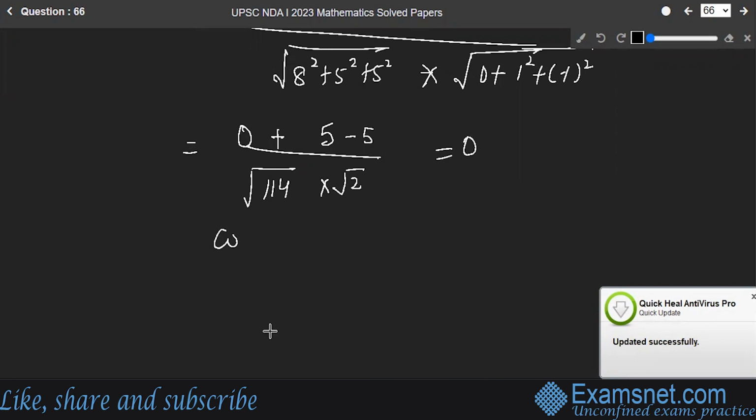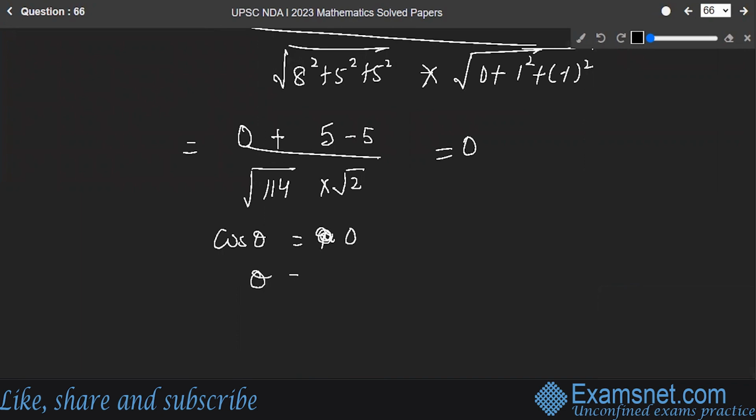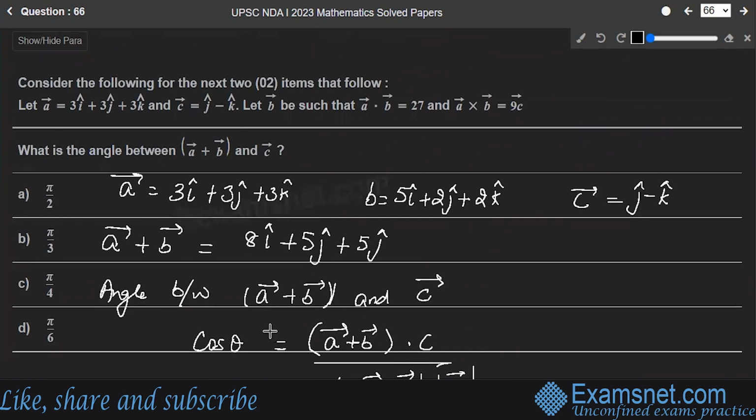So cos theta is 0 when theta is equal to 90 degrees, at pi by 2. So the angle between them is equal to pi by 2. Option A is the correct answer. Hope you got this. Let's move to the next question.